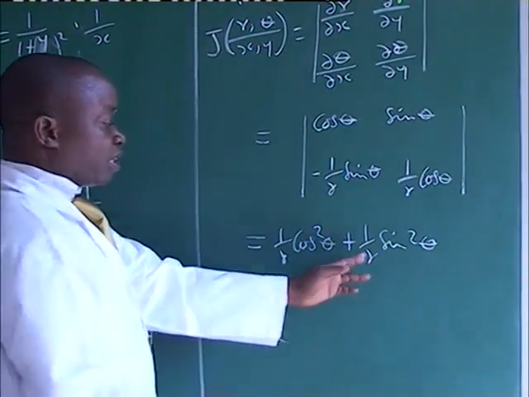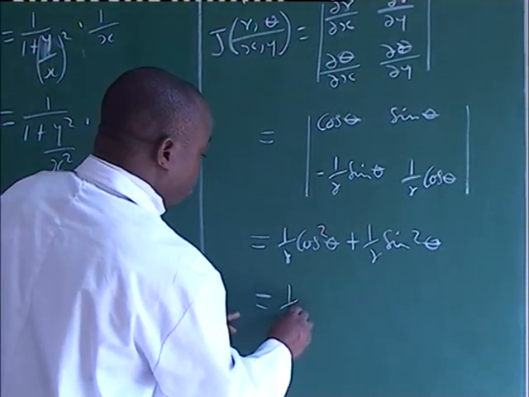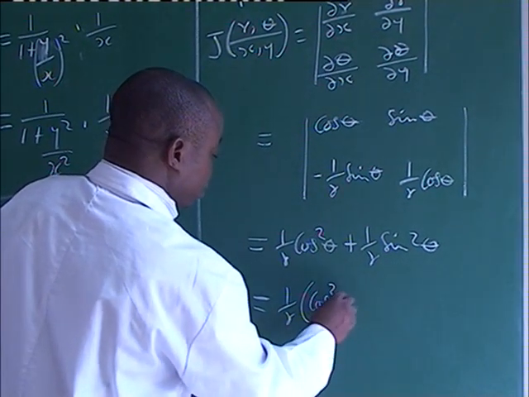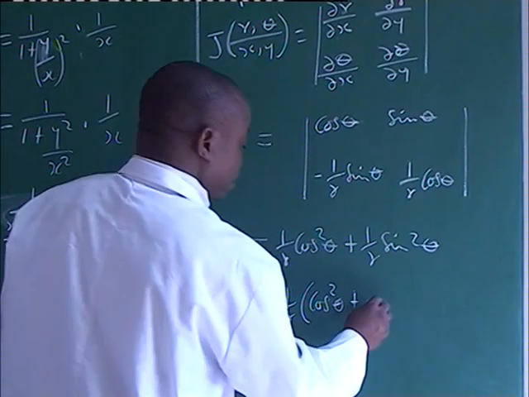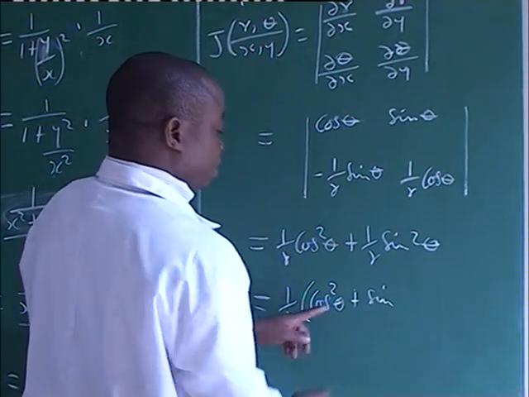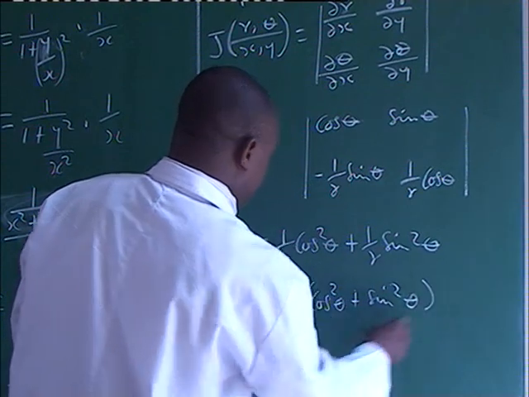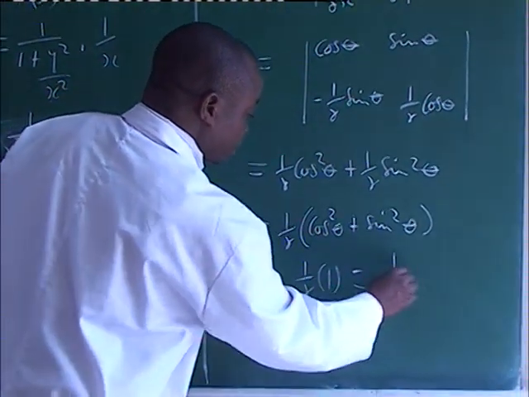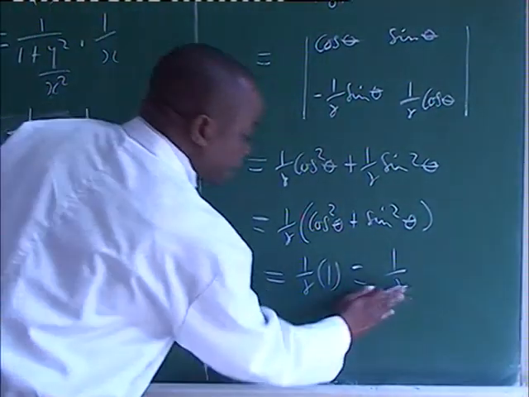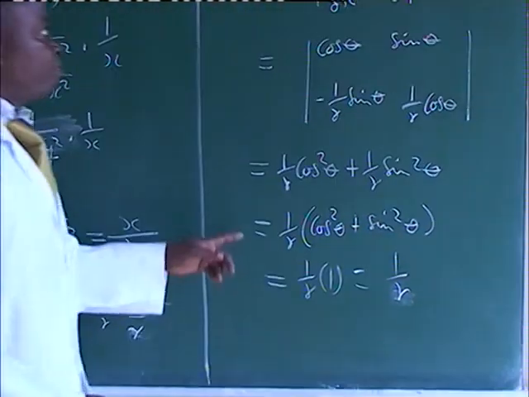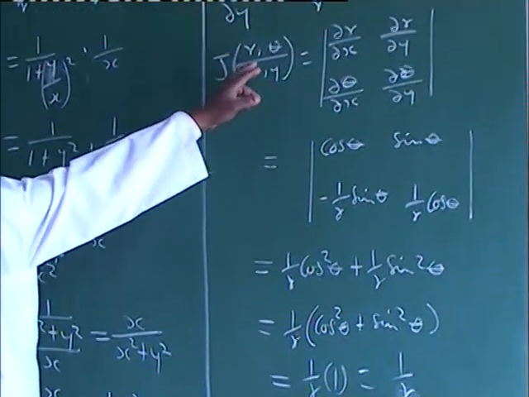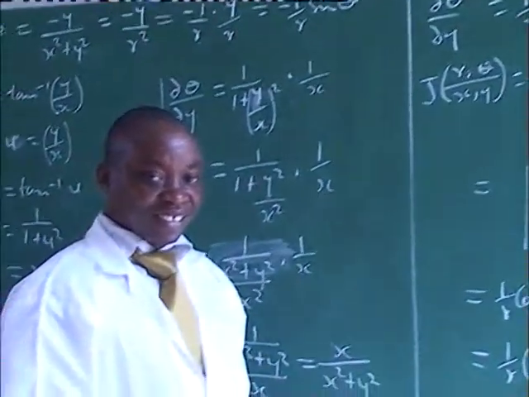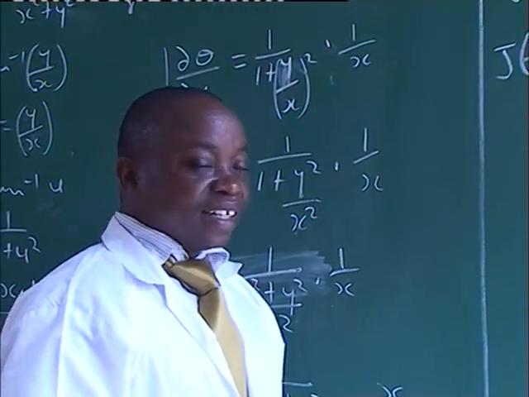Next, if we factor out 1 over r, we have 1 over r times cos square theta plus sin square theta. Of course, we know that this is 1 over r times 1, which is 1 over r. So that is the Jacobian of r and theta with respect to x and y. Yes, it's very interesting.